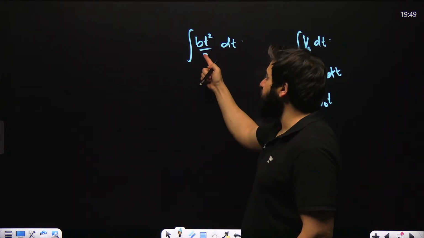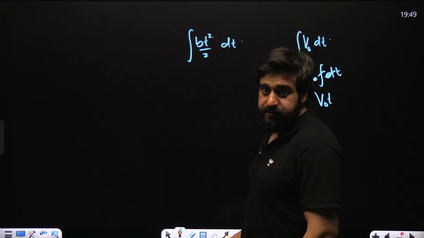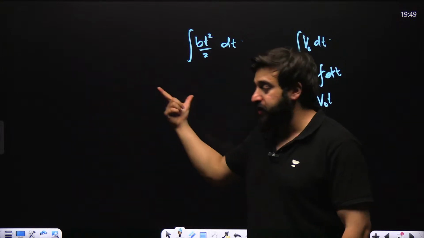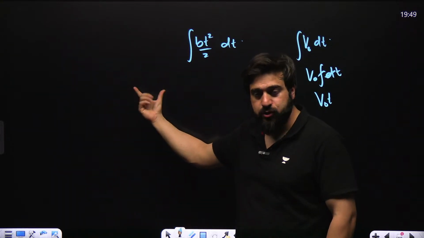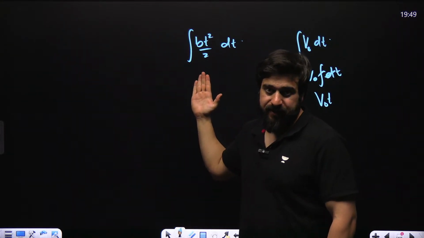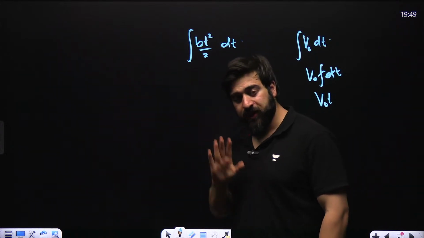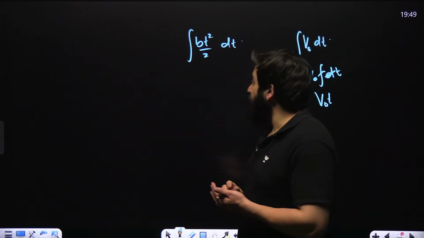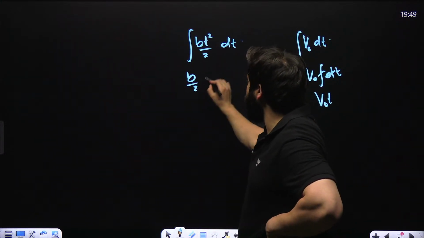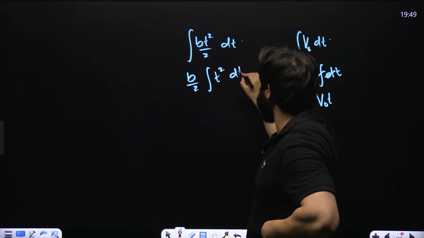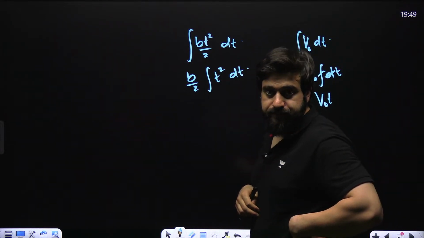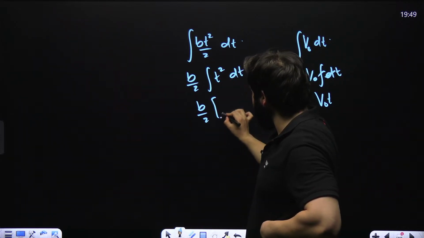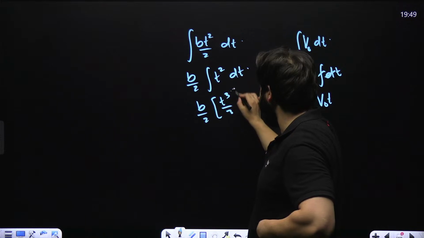Now here b by 2 will come out because they are constants. Distance and displacement are one and the same thing over here, since it is a straight line. So this is b by 2 integration of t square dt. Integration of t square will be t cube by 3.